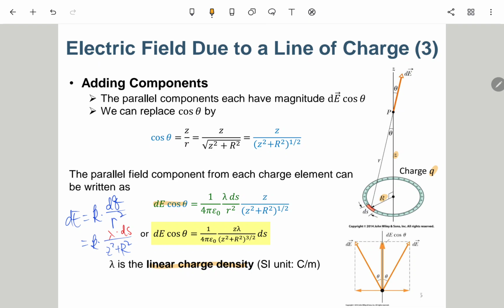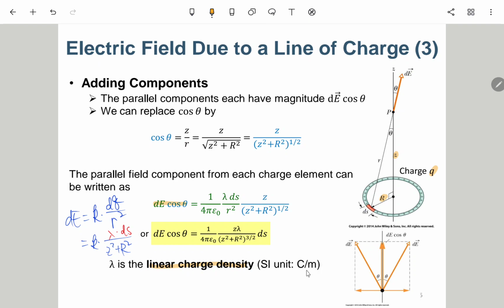We will not have this lambda in the final solution, but at this moment we still need it because we would like to do the integration, but integration of dq is not trivial to work with, so we change the variable: dq is the linear charge density lambda times ds. That is, the charge per unit length multiplied by the length. Okay, so the SI unit for lambda will be C over meter.